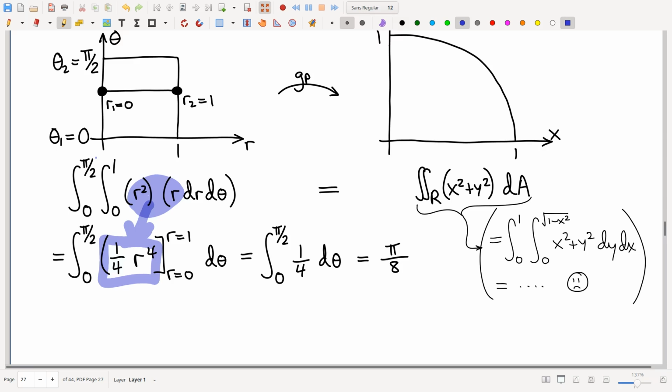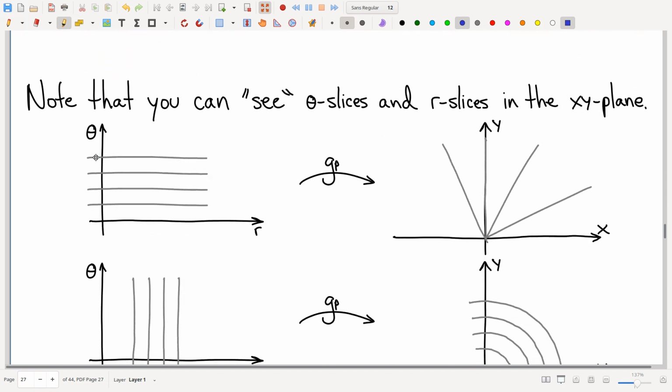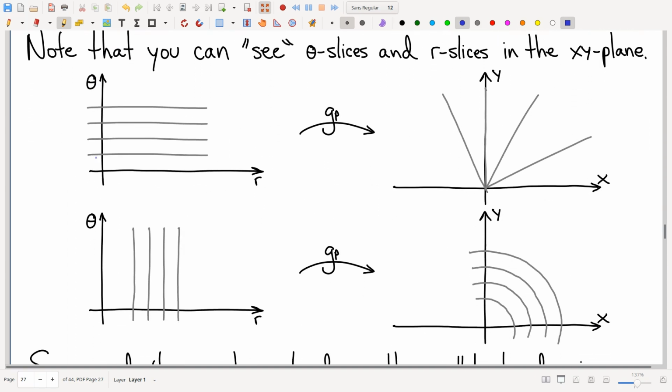So what do we mean when we say doing an integral in polar coordinates? That is, in fact, just a streamlining of what we just did. So what we just did was to pull back, look at our new domain in the r theta plane, and then proceed. And, of course, proceeding means to slice it up.